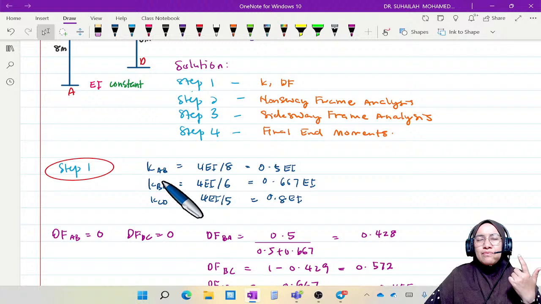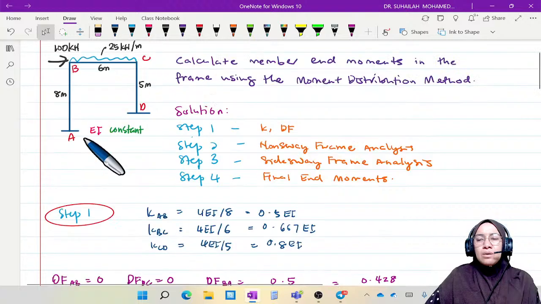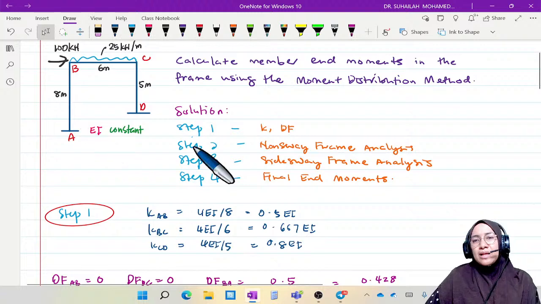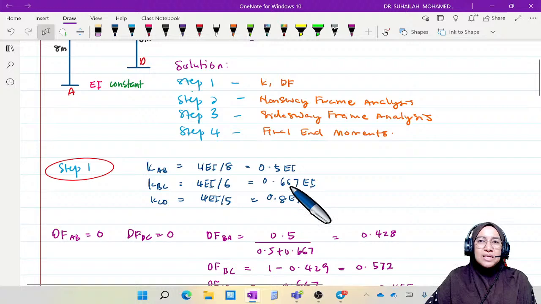So we have KAB, because all are rigid. B and C are rigid joints, A and D are fixed. So we will use 4EI/L for all elements. There's no 3EI/L here, because there's no pin end or roller end in this example.